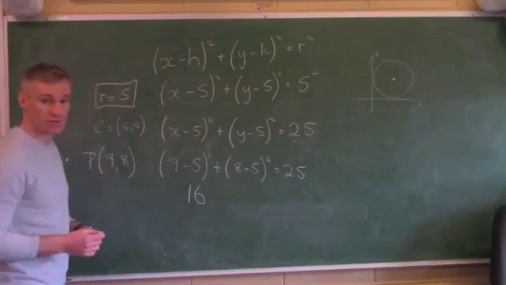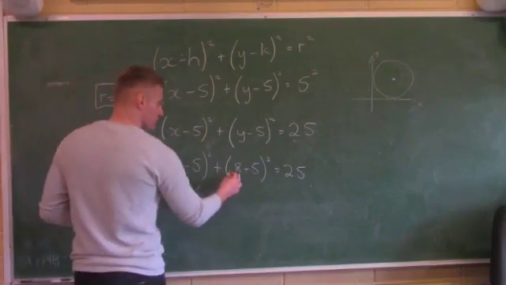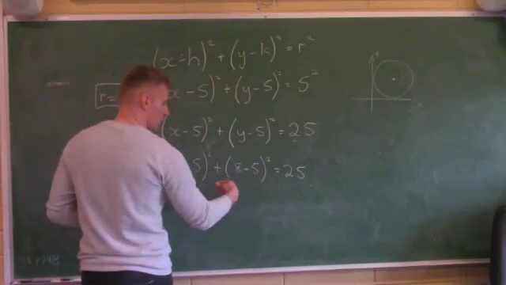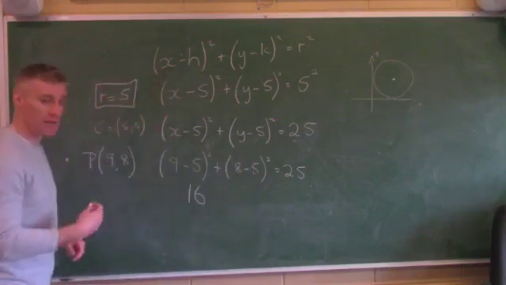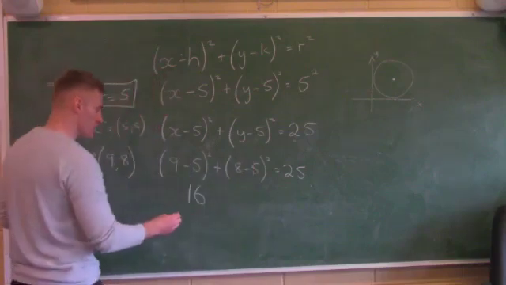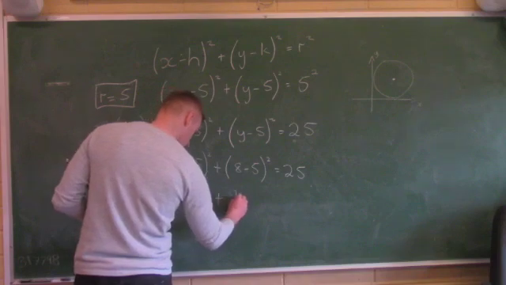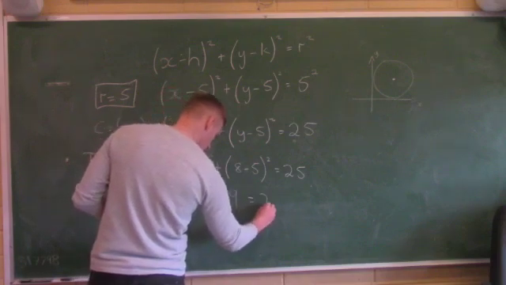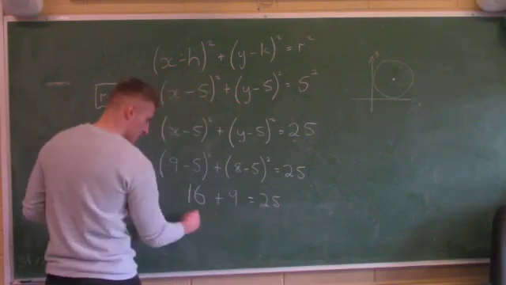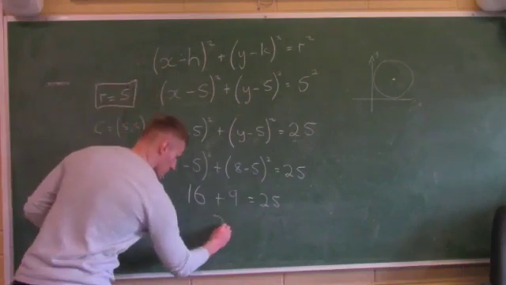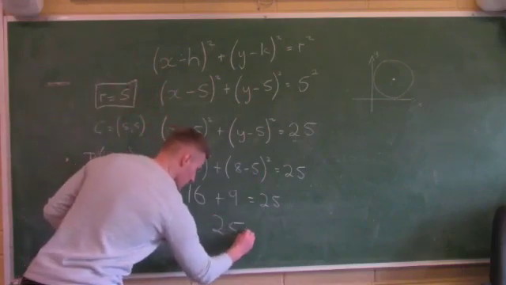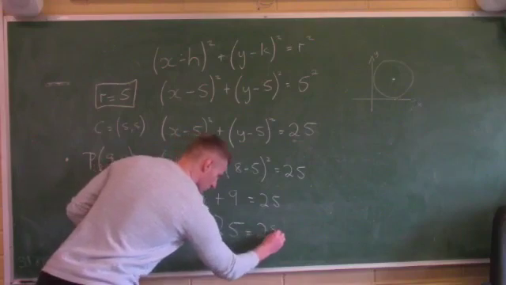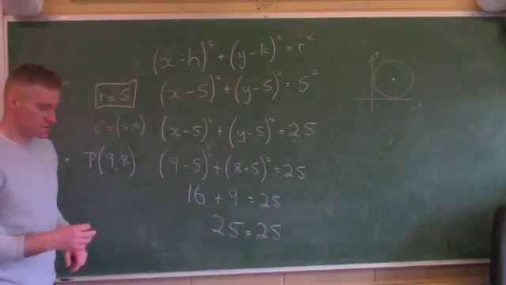Again, don't be afraid to use your calculator. 8 minus 5 squared, well 8 minus 5 is 3, 3 squared is 9. I need to get an answer of 25. 16 plus 9, yes. 25 equals 25. Okay, that is my answer.